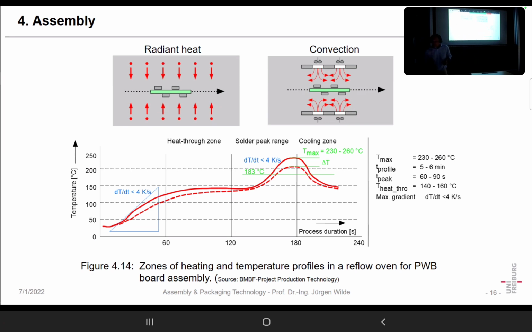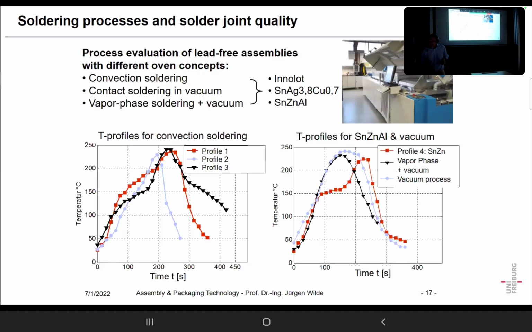Typically, such an oven is quite long. For instance, it has 5 to 7 different zones, which all have a different temperature, and maybe one zone is half a meter to a meter long, and that means such ovens are quite long.